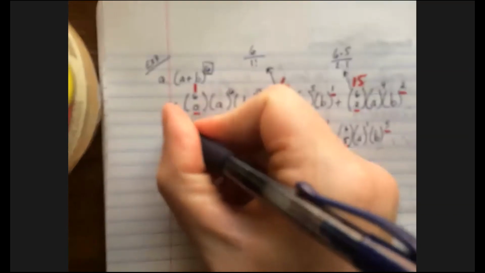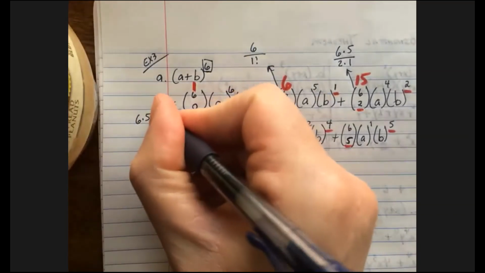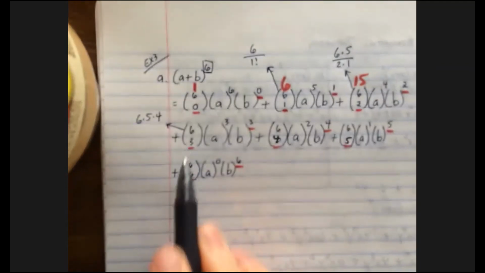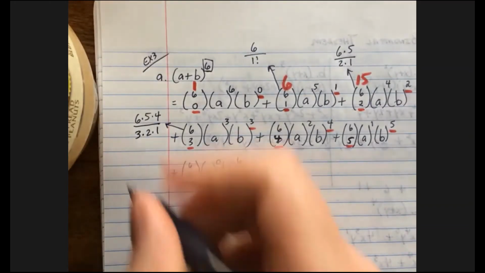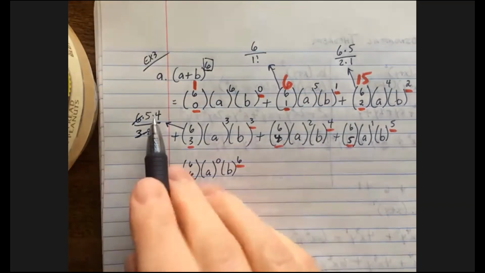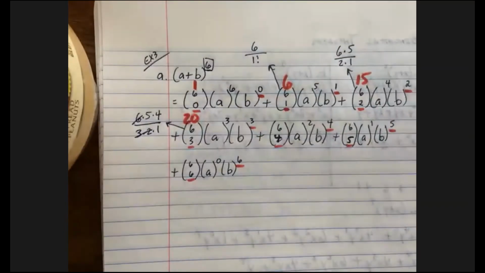So 6 choose 3 would be 6 times 5 times 4. We now have 3 numbers written, all over 3 factorial. Well, 3 times 2 is 6, so those 6's would simplify to make 1. So basically it's just 5 times 4 divided by 1. So that one's 20.